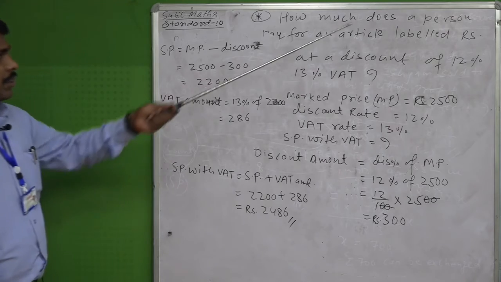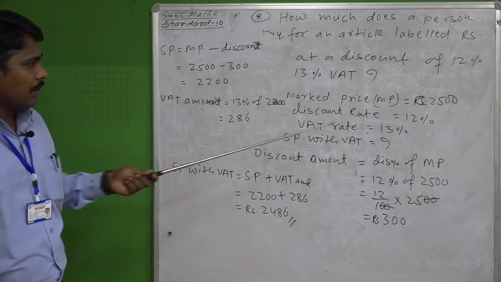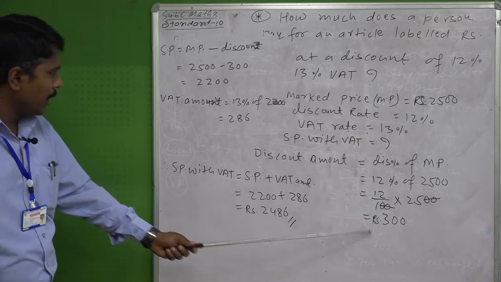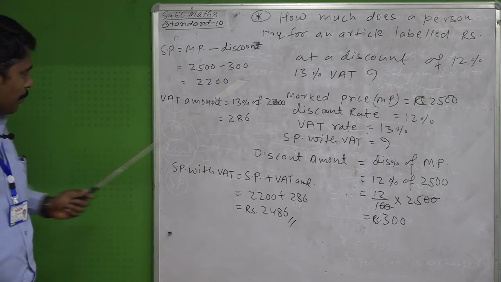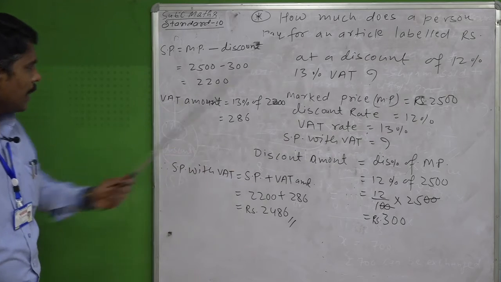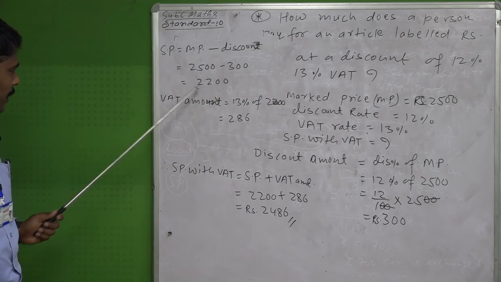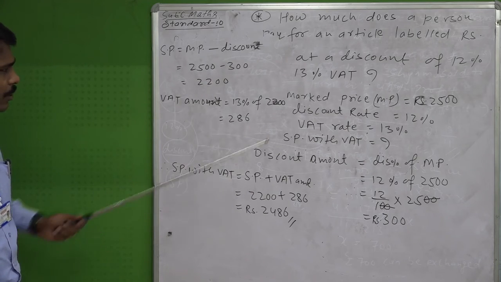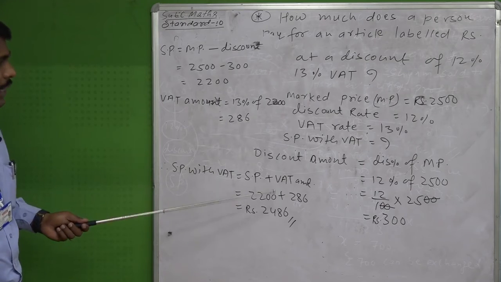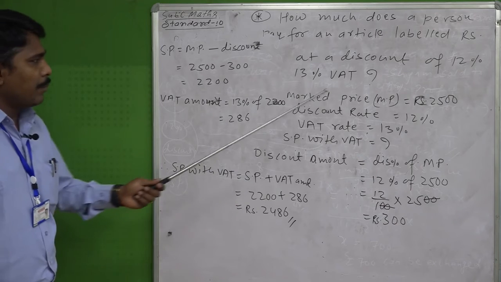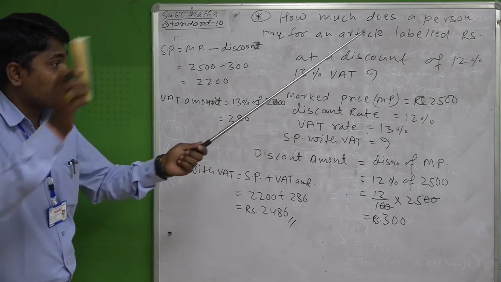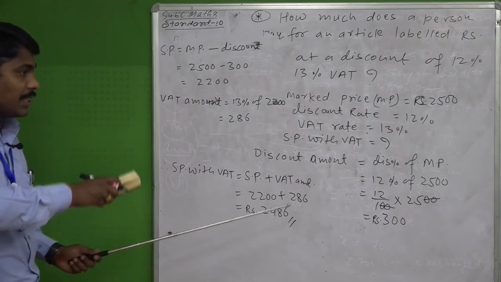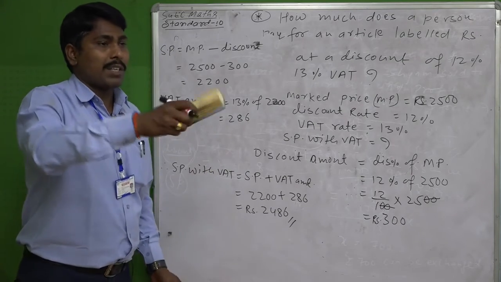See here once again: marked price given, discount rate given, VAT percent given, SP with VAT asked. We find the discount amount, then we get the SP by subtracting the discount from the MP. This is a four-step method, but you can also do it in two steps. SP is marked price minus discount percent of MP, and SP with VAT equals SP plus VAT percent of SP.